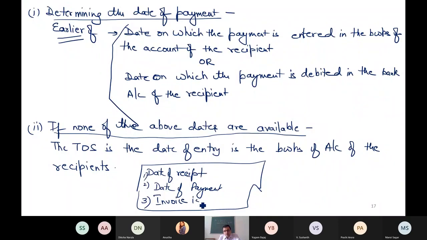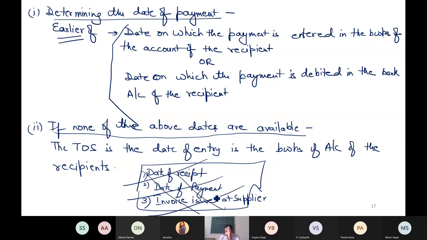So you cannot compute it. Then the government says if you don't know anything, at least have you made any rough entry in your books that you have received such goods or such services? So that simple date of entry will become the answer when you don't have the date of receipt of goods or services, date of payment or invoice issued by the supplier. Then the only option you have available is this. At least somewhere you made the entry or not.